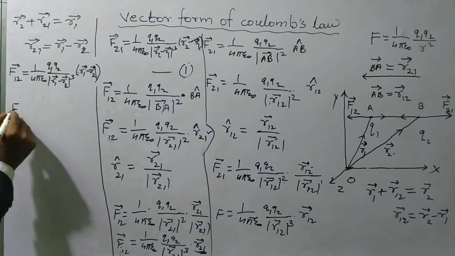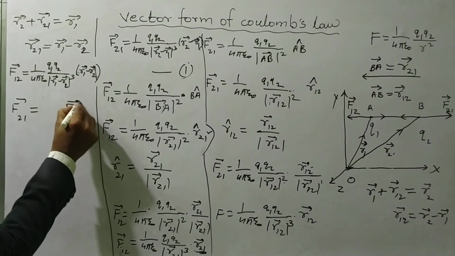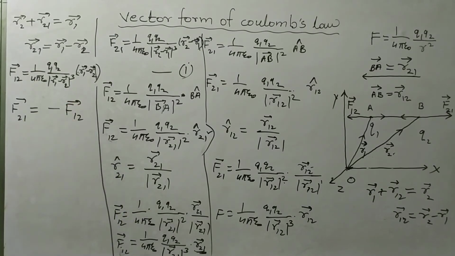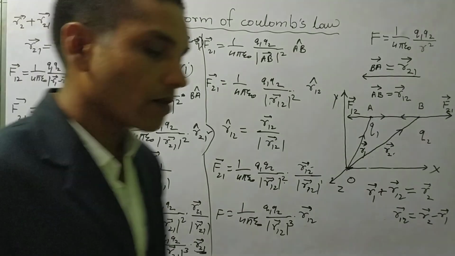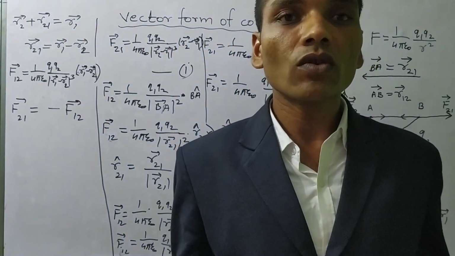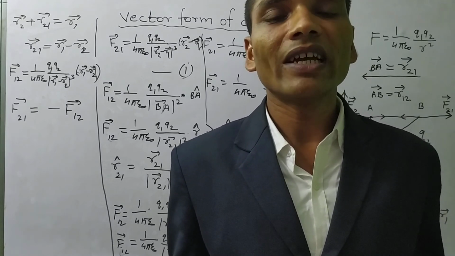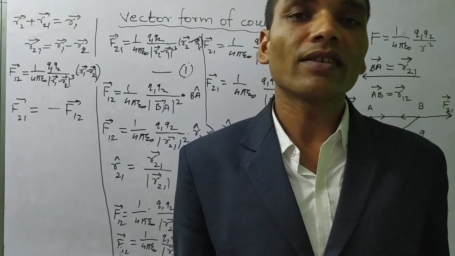That's why F21 will be equal to F12, but a minus sign will be there. The minus sign shows that the directions of both forces are opposite. Okay, I hope you have understood all the things. Thanks.